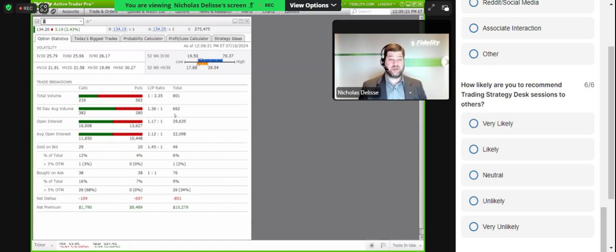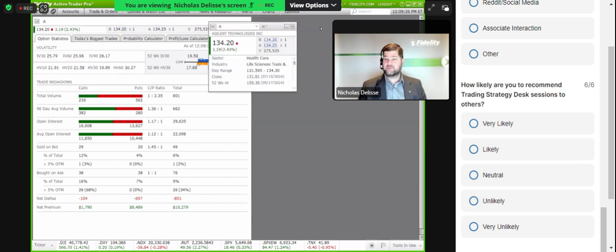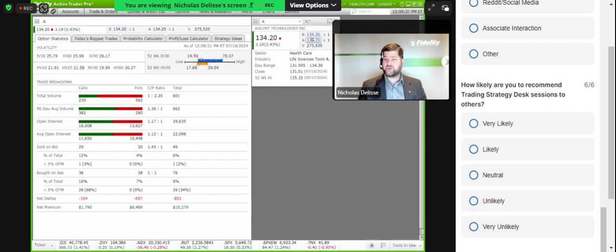Many traders will cross off their list any stock that has an option trading volume less than 20,000. Well, why is that? We pull up a quick quote for security A. We see 134, it's 20 cents by 25 cents.